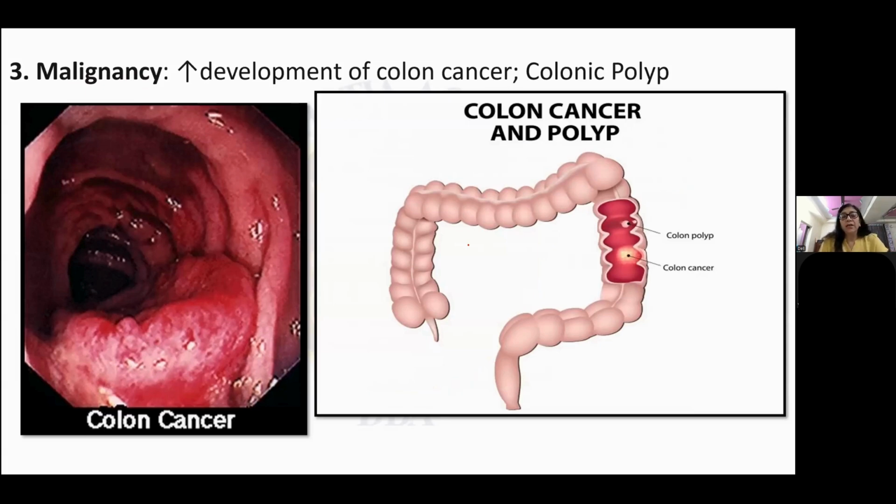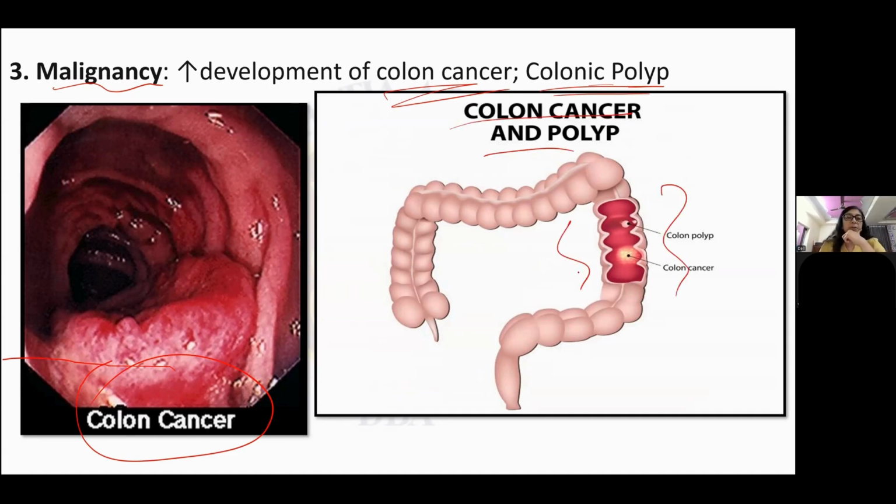Acromegaly is also associated with malignancy, and colon cancers are very common. They are associated with increased development of colon cancer and colonic polyps. So colon cancers and polyps are quite evident at times, and sometimes a patient presents with colon polyps also.